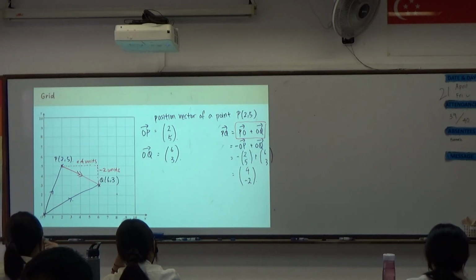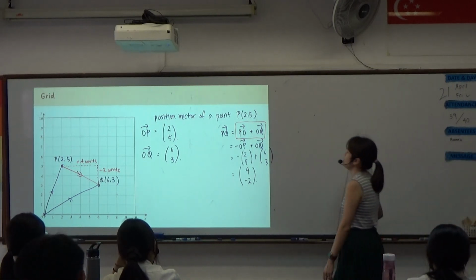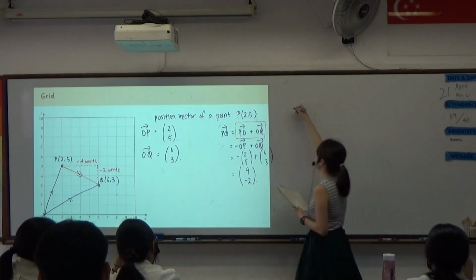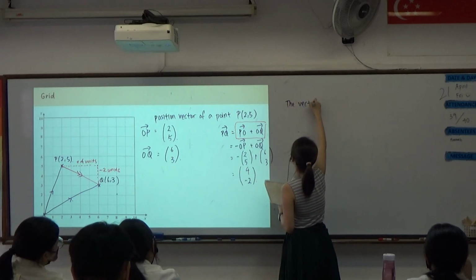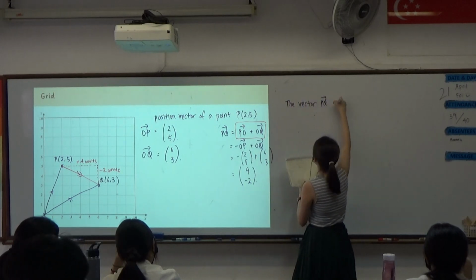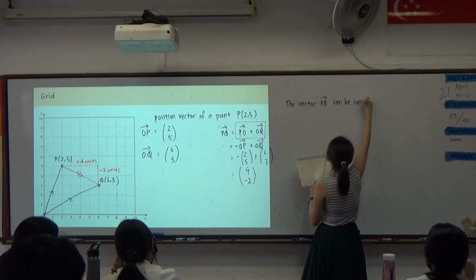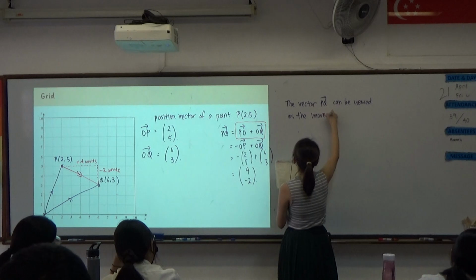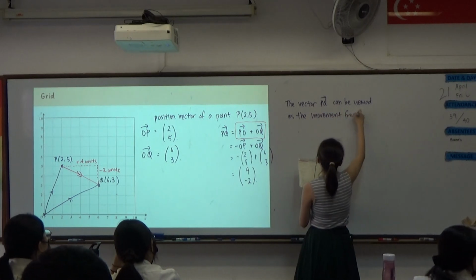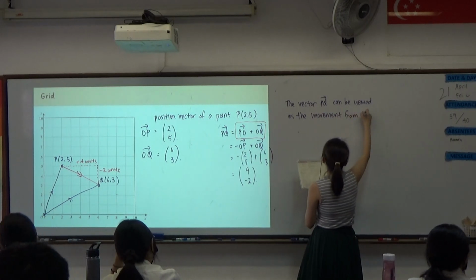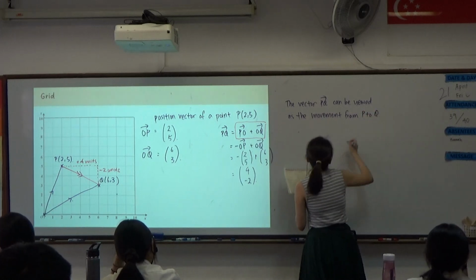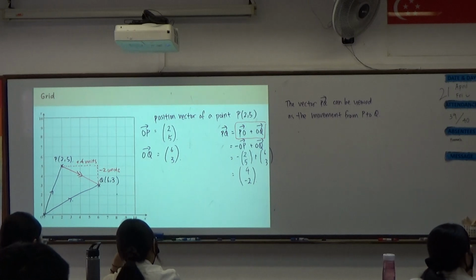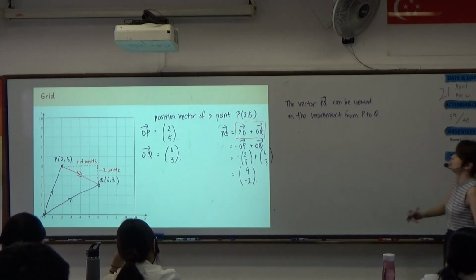Right, then another thing that you need to know is that the vector PQ itself is the movement from P to Q, and we call this movement a translation.